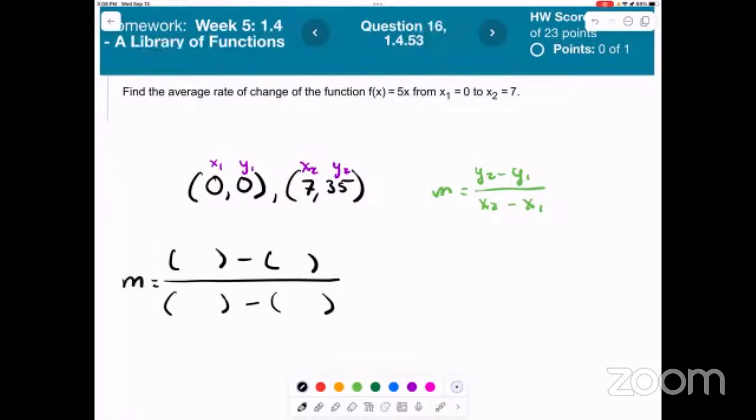So y2 is 35, y1 is 0, x2 is 7, x1 is 0. 35 divided by 7 is 5. Okay, so we got an average rate of change of 5.